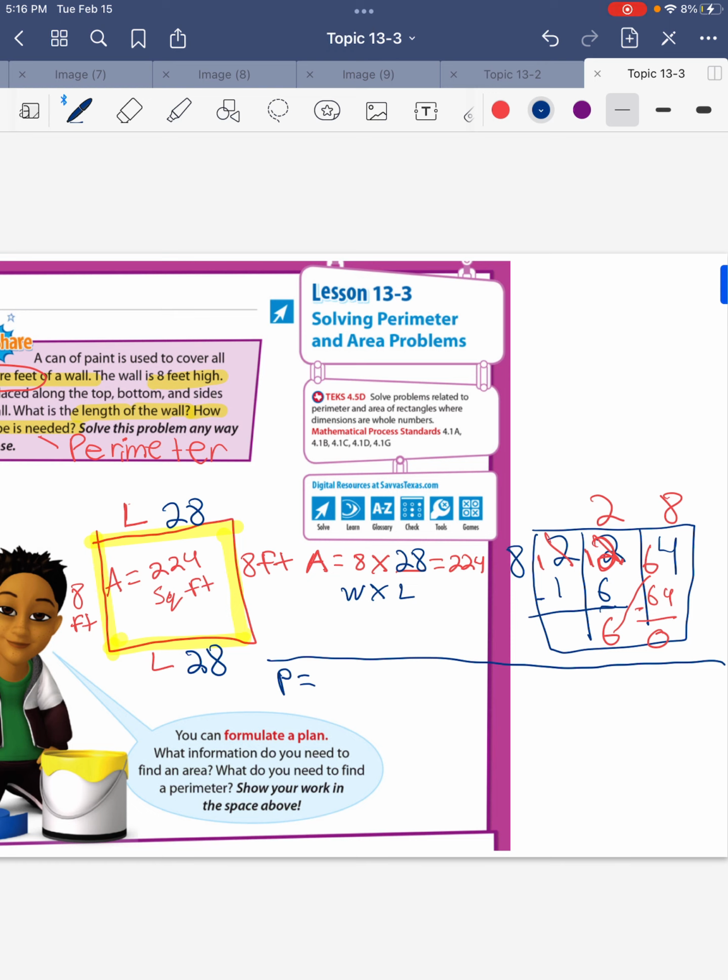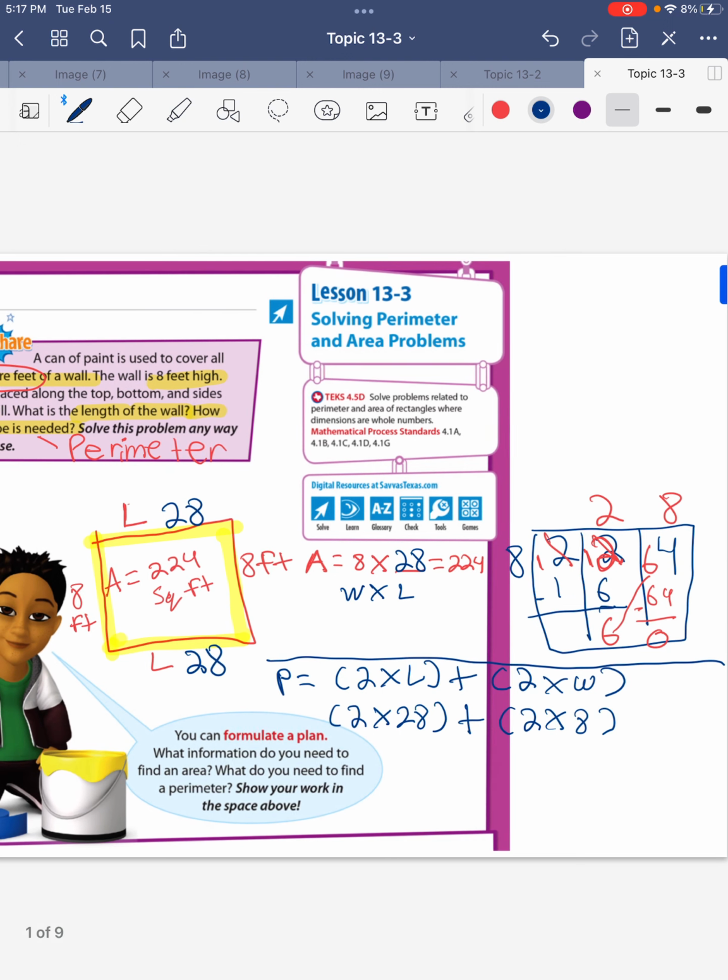Okay, A is my area, P is my perimeter. So for perimeter, my formula is 2 times length plus 2 times width, okay? So I'm going to do 2 times my length, which is 28, plus 2 times my width, which is 8, okay? 2 times 28, I'm going to work it out over here. 28 times 2. 8 times 2 is 16.